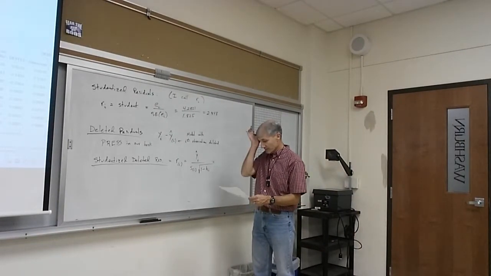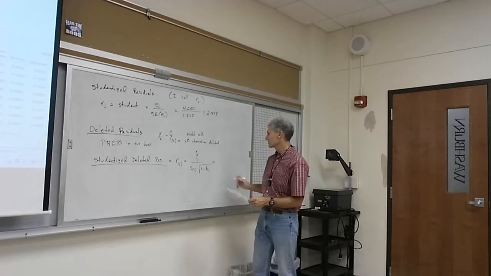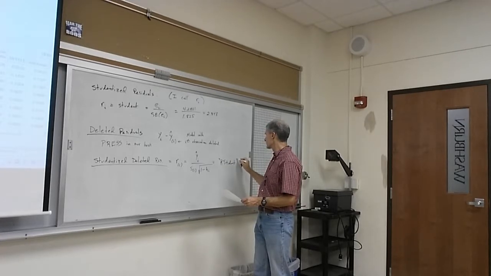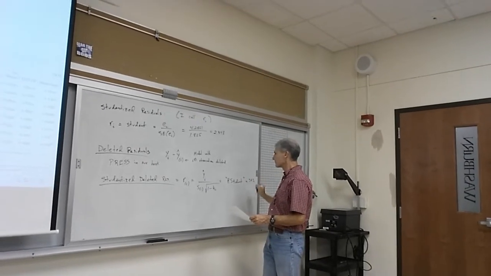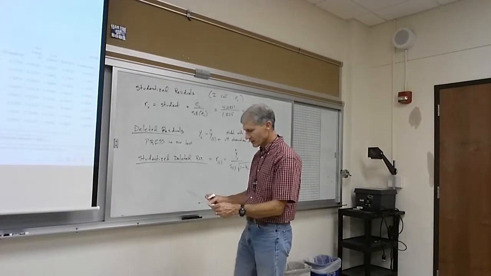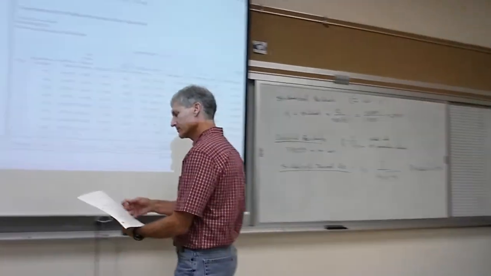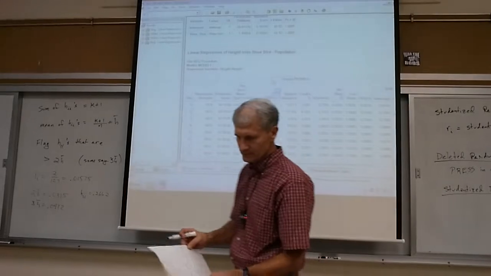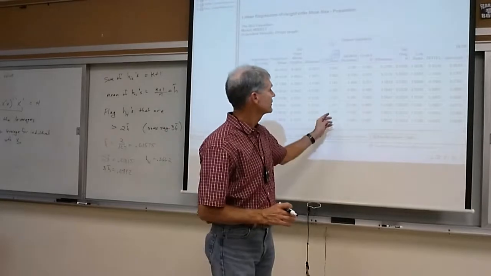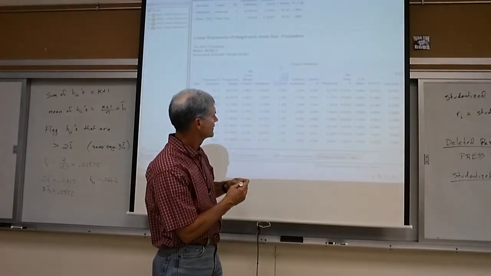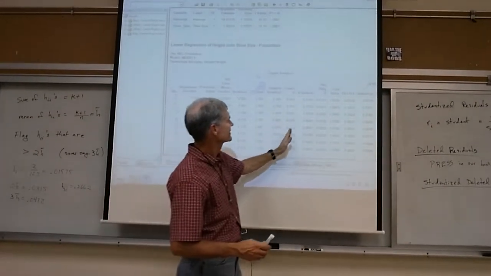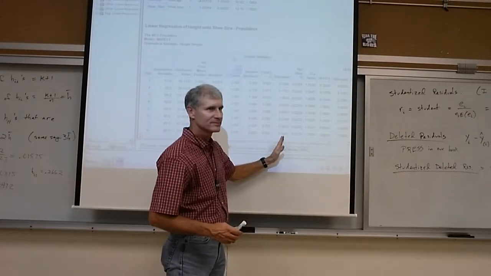Now we got to compute this. And this is what SAS calls RStudent. So let's see, our RStudent is, let me count, 1, 2, 3, 4, 5, 6, 7, 8th column over.